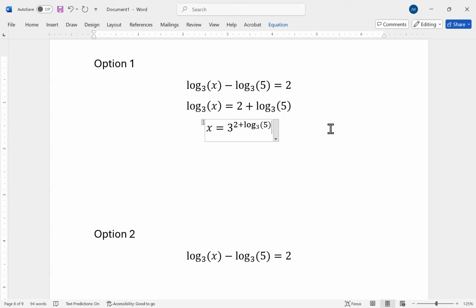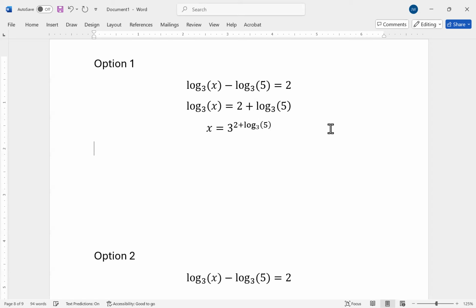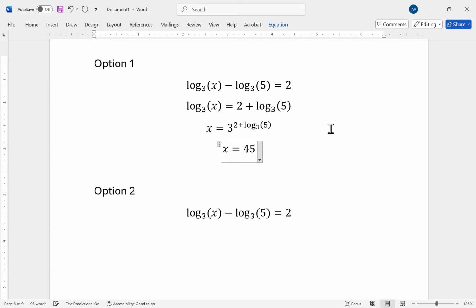And you can get the answer in either way. In this case, it happens to be 45. That is an exact answer, and quite frankly, a very nice exact answer.